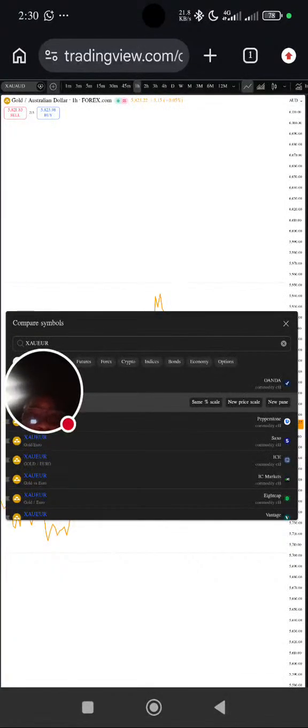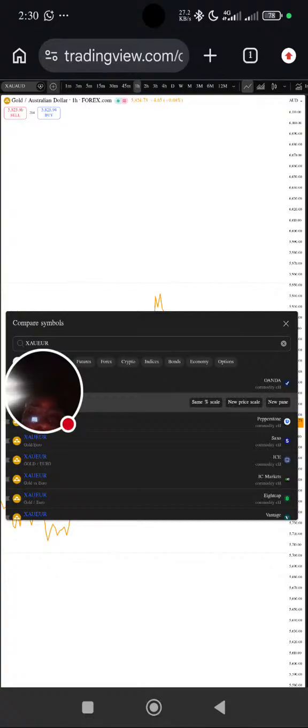Using the new price, you're going to get the same compare symbol, but not in percentage. Then the new pane is going to be stacked on top of each other, right? You can compare them, but they are not going to be together.